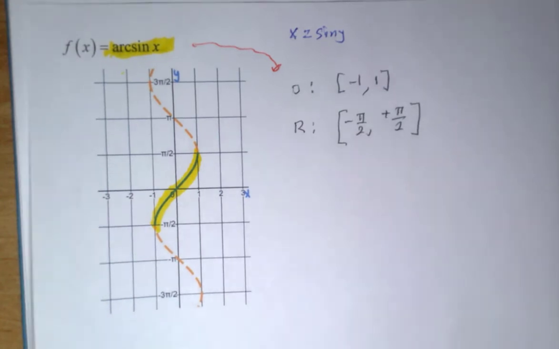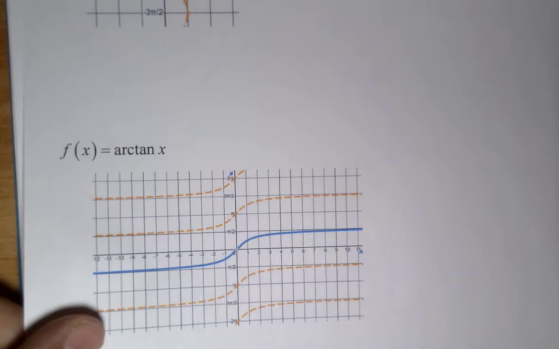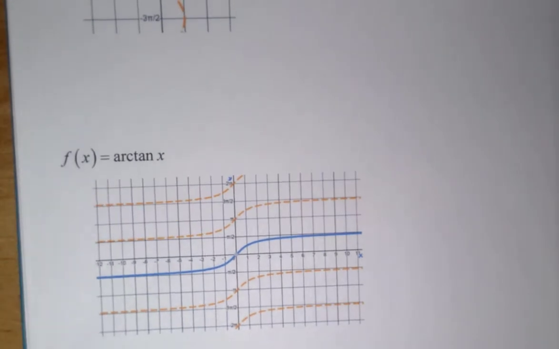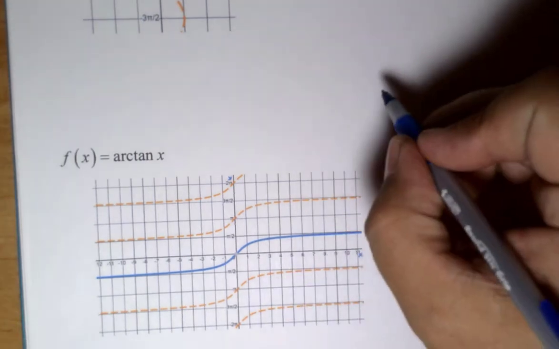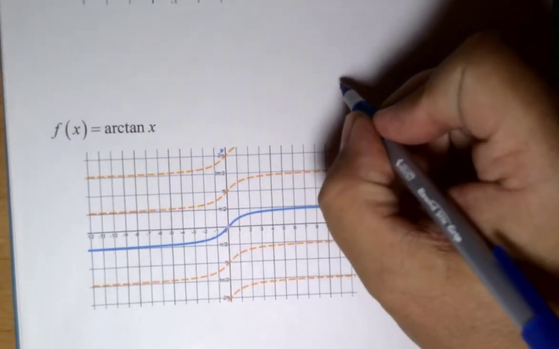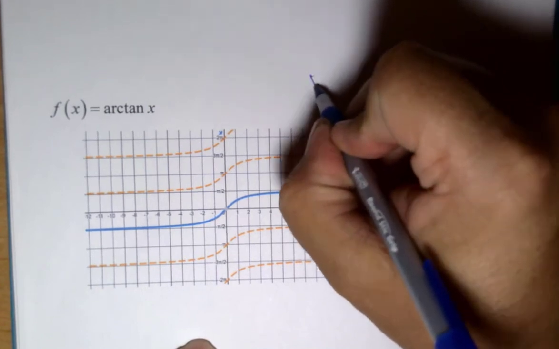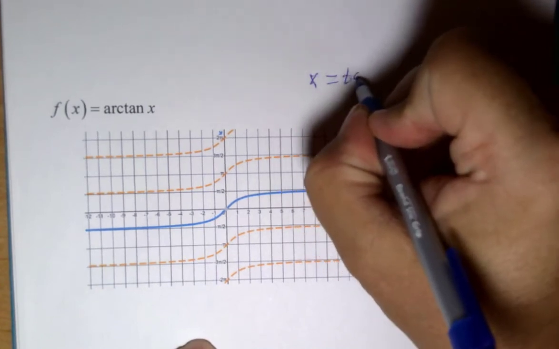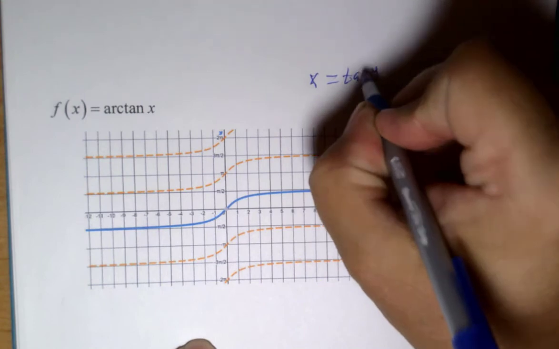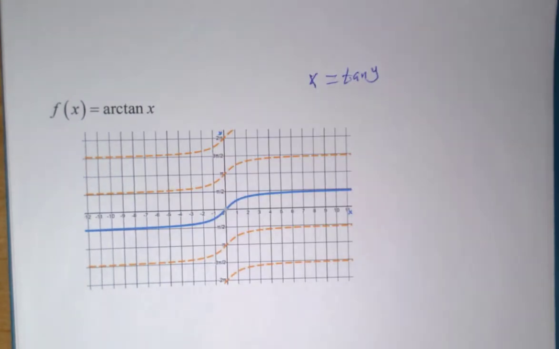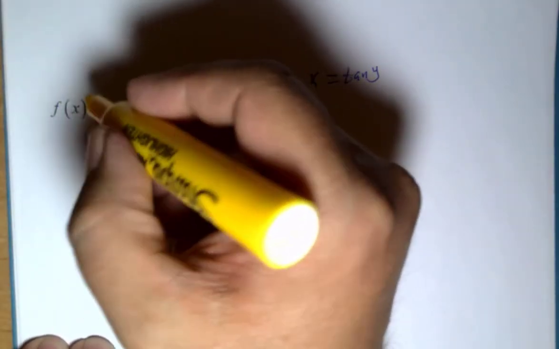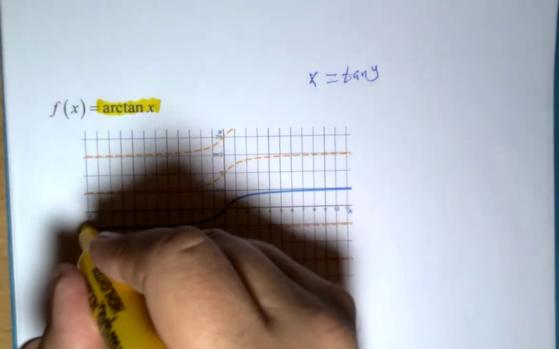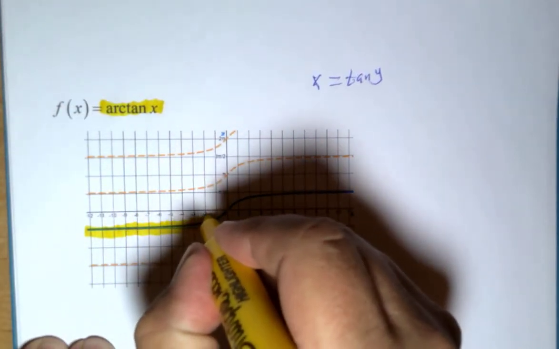And last but not least, the inverse of tangent. Remember what you're seeing here, the complete graph is x equals the tangent of y. But this part here is what is in blue.